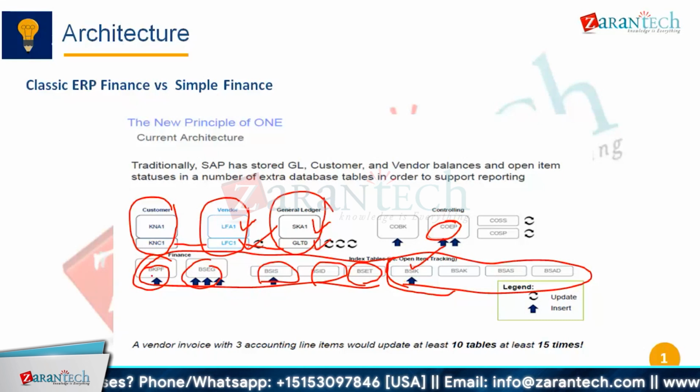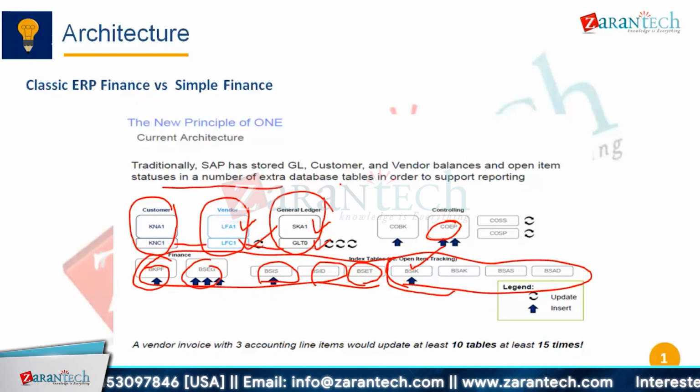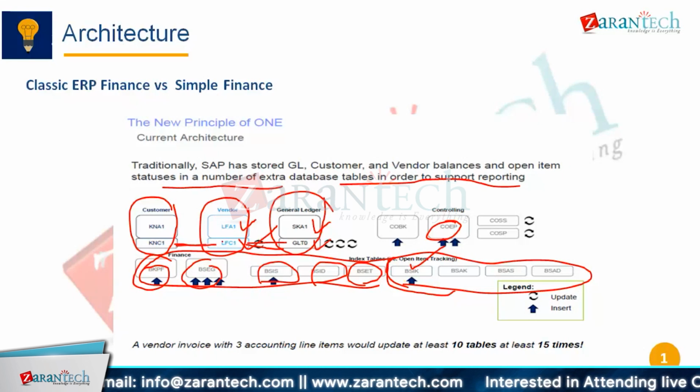Earlier, what was happening? Traditionally, SAP has stored GL, customer, vendor balances and open items in a number of extra database tables in order to support reporting. So these are the tables: LFC1 is for vendor, this is for customer, this is for GL.